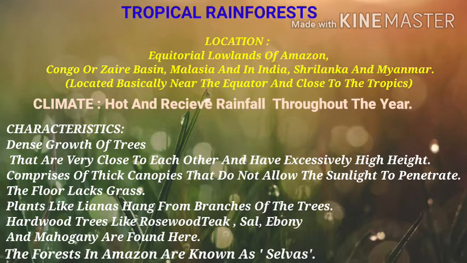These forests are characterized by dense growth of trees without much space between them, and they are all competing for sunlight. Also, the thick canopies of closely spaced trees do not allow the sunlight to penetrate inside the forest even in the daytime.